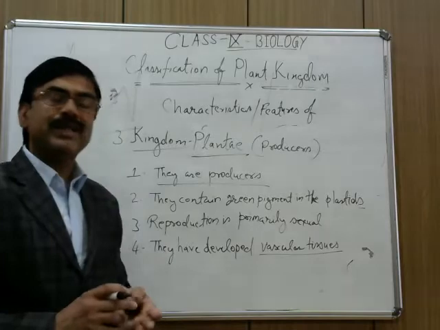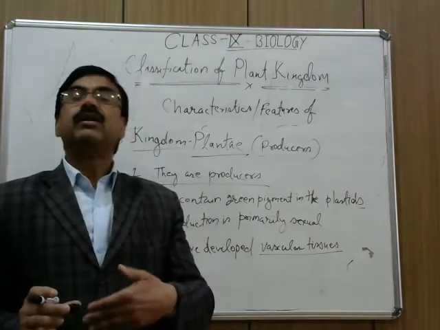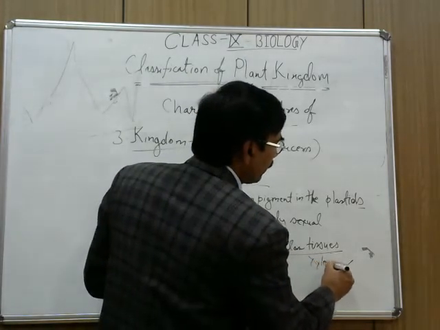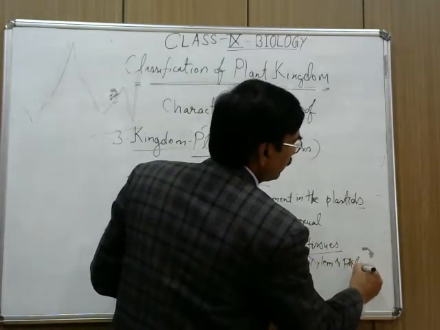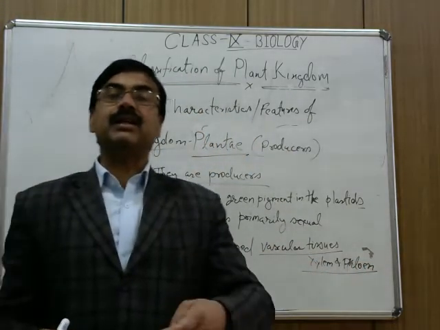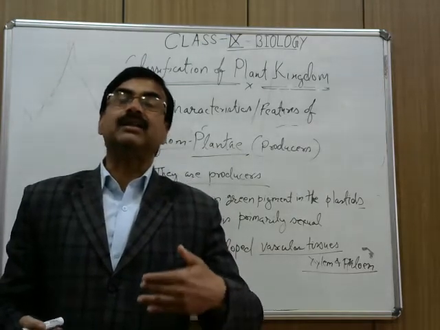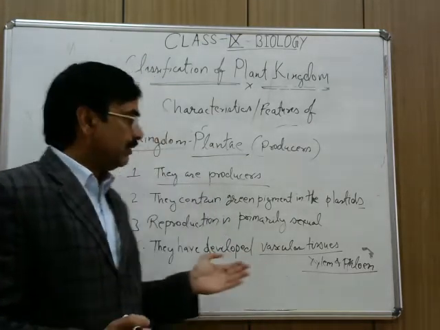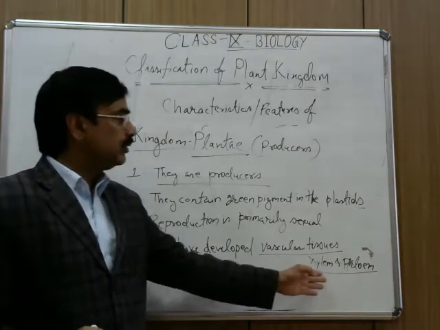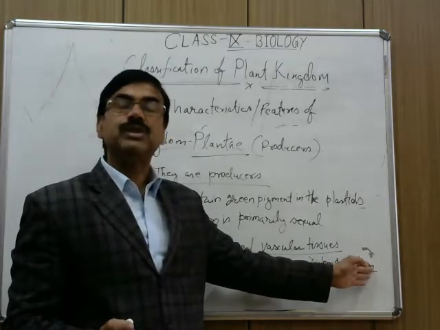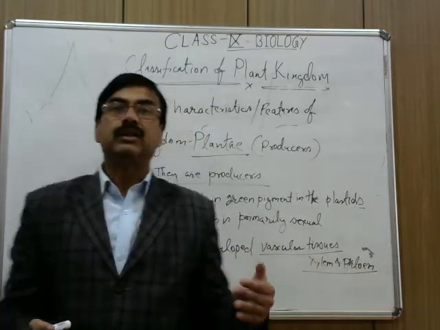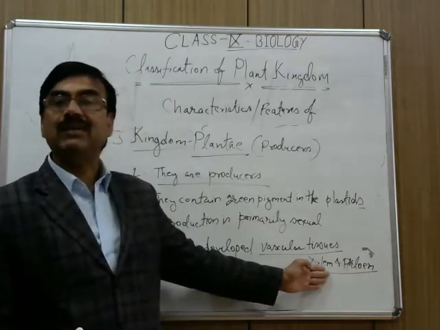Vascular tissue means xylem and phloem. These tissues are present in the plants, which helps in the conduction of water, minerals and food. Through the xylem they conduct the water, and through the phloem the food is conducted from one part to another. The names are xylem and phloem.